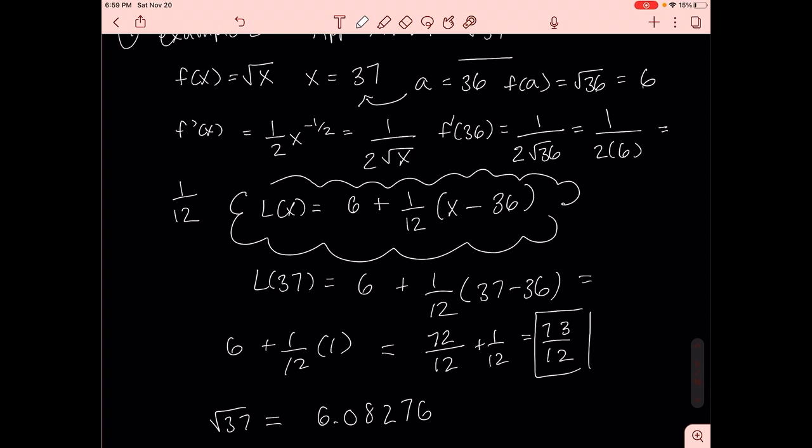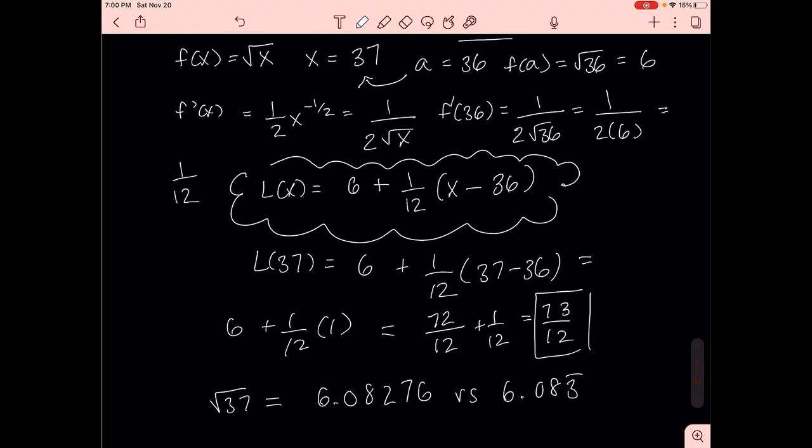And so if I divide 73 by 12, which is what we got through our linearization, I get 6.0833333 repeating. And so as you can see, this once again is a pretty good approximation of the actual value of the square root of 37.